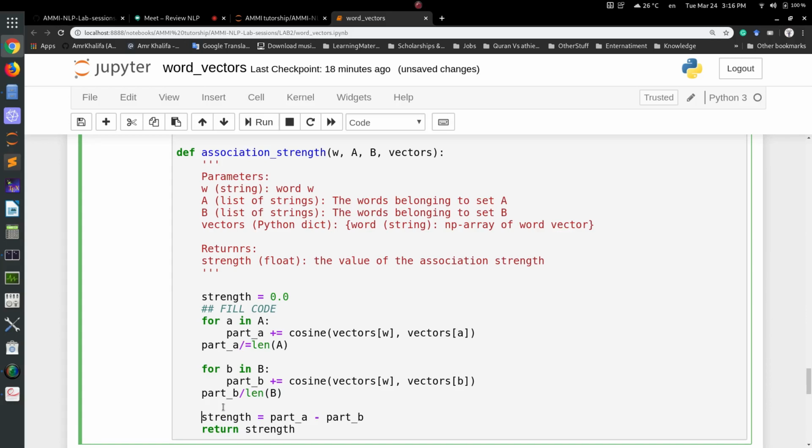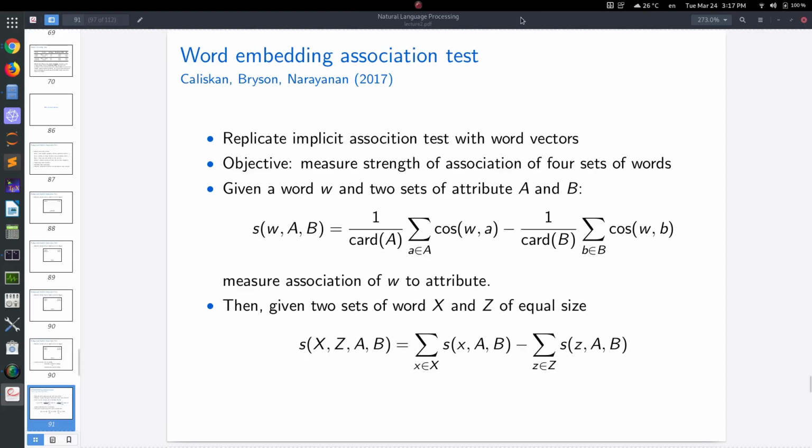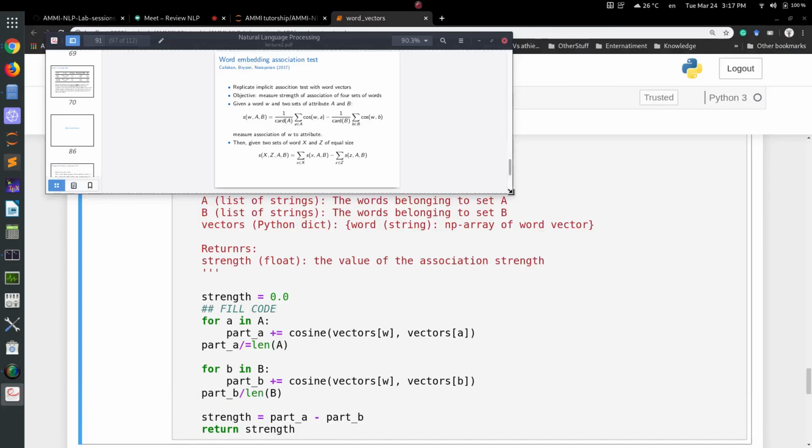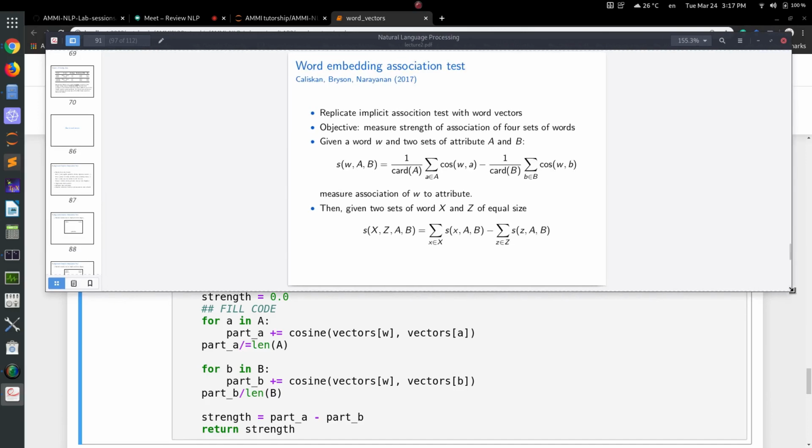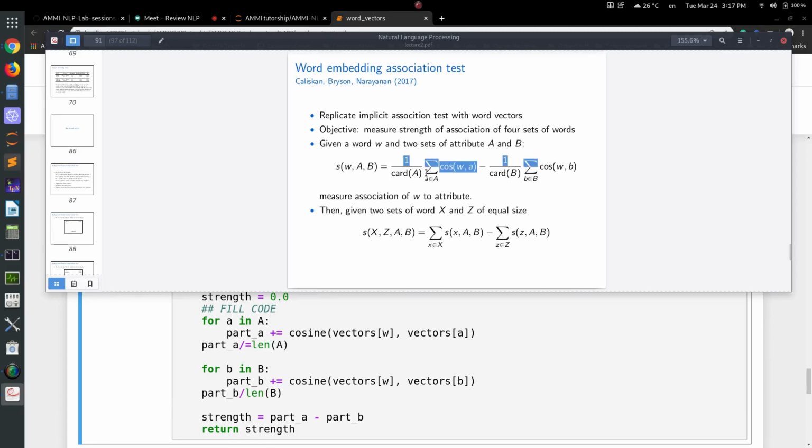Now it's obvious. Let's look at the formula and compare if it's the same. So we collect the cosine similarities for part A, and then we'll divide by the cardinality of the set. Then we'll collect these similarities for set B. Okay? And then we'll divide by the cardinality, and then we'll subtract part B from part A, and then we'll return the strength.